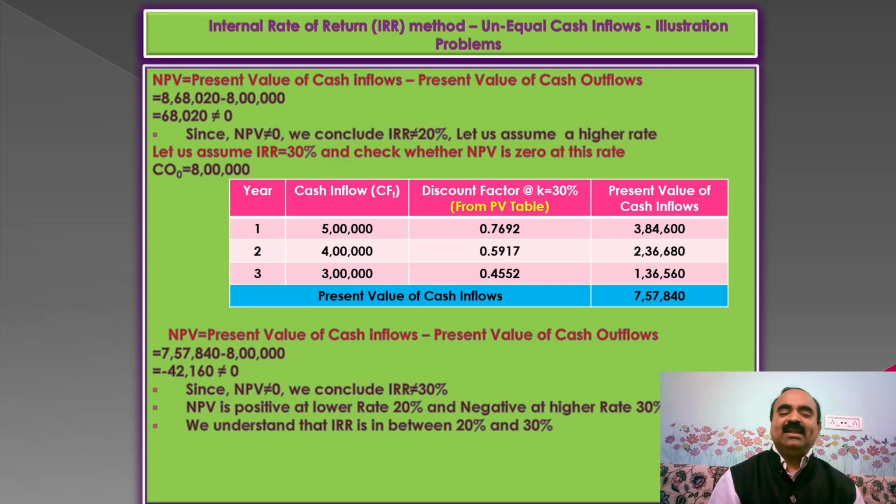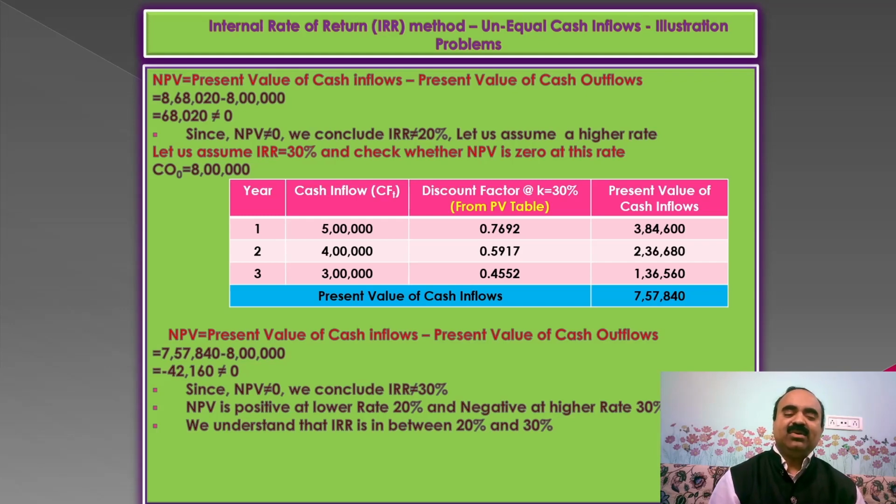After multiplying the values in the second column with the values in the third column, I got present value of cash inflows in the fourth column. I have added all these values and derived present value of cash inflows as 7,57,840.